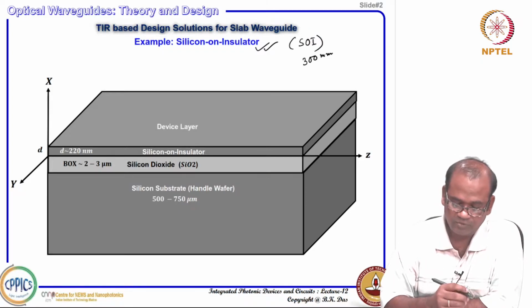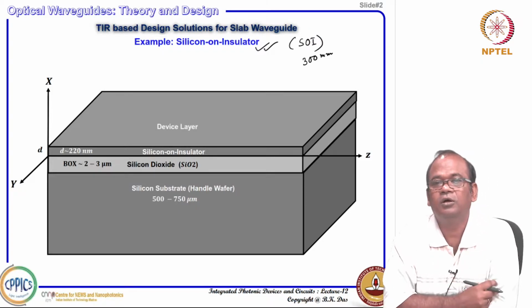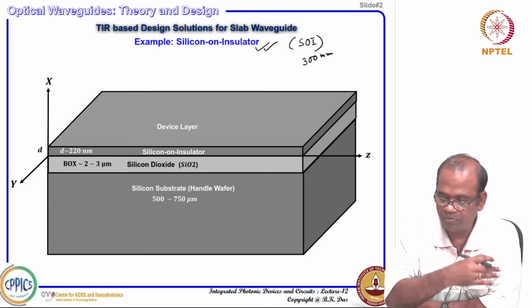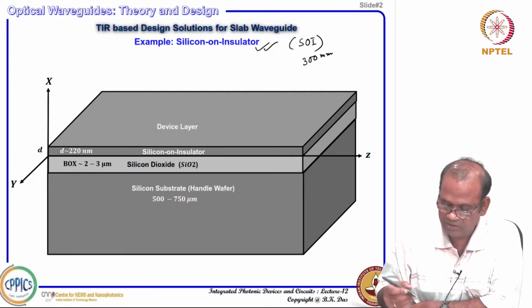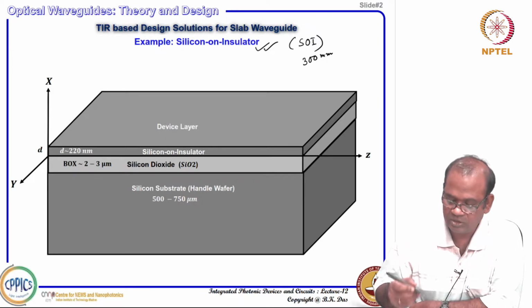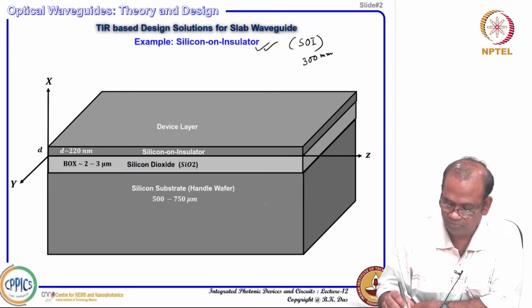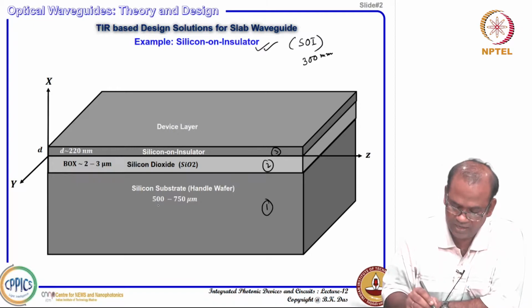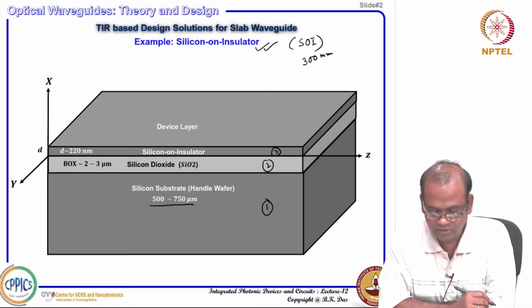But here I have shown a piece of SOI sample. It can be diced from a full wafer, and if you dice that you can clearly see 3 layers: layer 1, layer 2 and then layer 3. The first layer is a thicker one, that is actually the silicon substrate called the handle wafer.